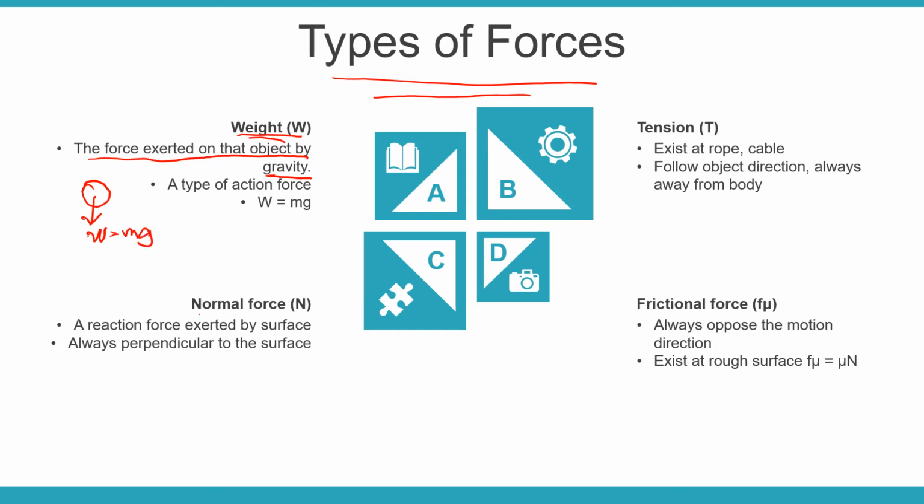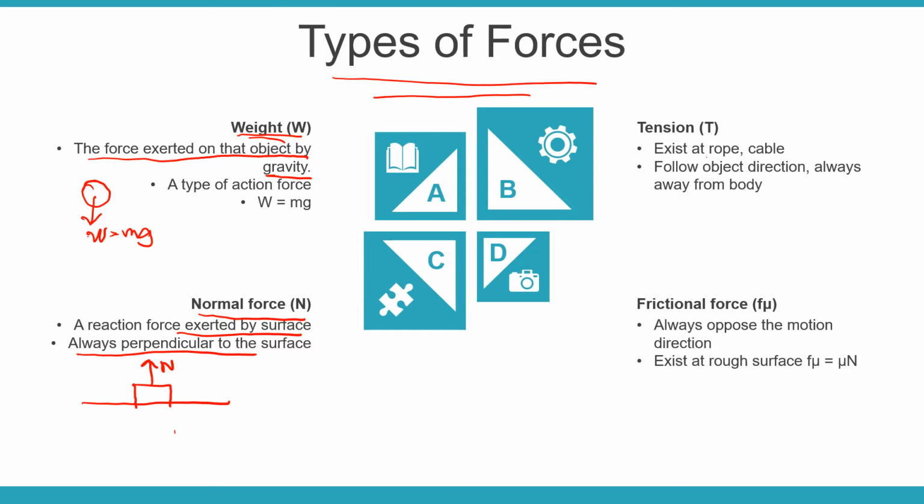And then the second one is the normal force. So normal force is a reaction force exerted by the surface which is always perpendicular to the surface. So kalau kita ada objek dekat atas meja, so yang perpendicular to the surface ini adalah normal force. And then the other one adalah tension.